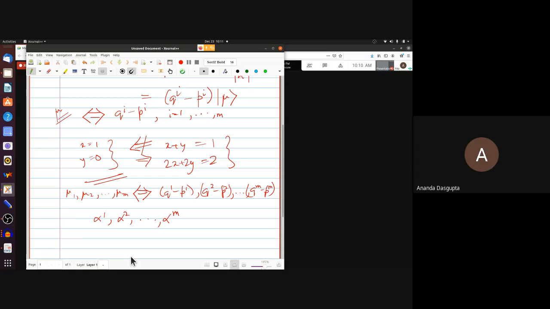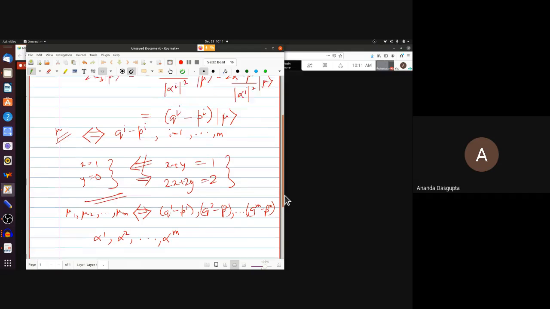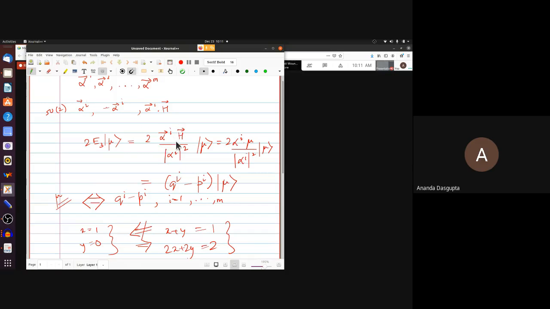And these simple roots give you the SU2 generators, alpha 1 dot mu, alpha 2 dot mu, etc., scaled by alpha 1 mod square, alpha 2 mod square, etc. When they act on your states, you get some integer in front. In fact, you would get a half integer, but you deliberately put in a 2 to end up with an integer. And this integer can be interpreted as qi minus pi. That I hope is clear to everybody.